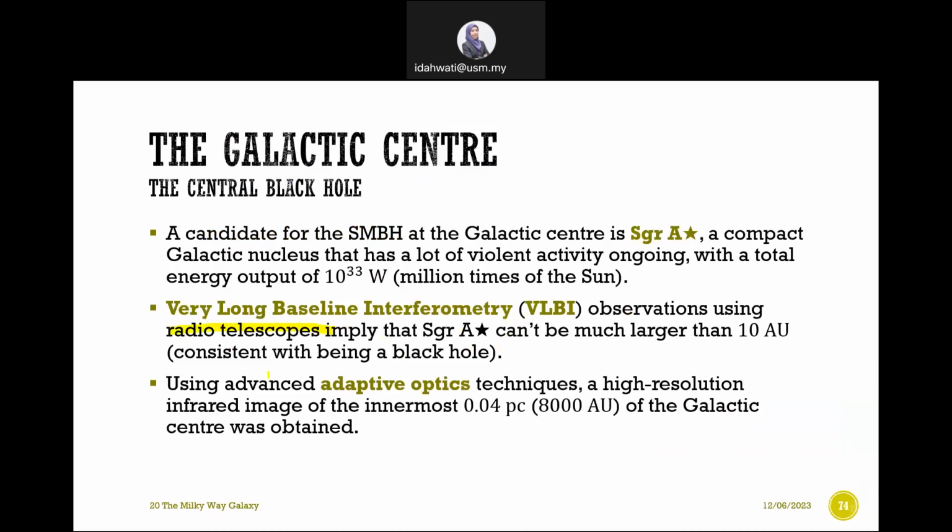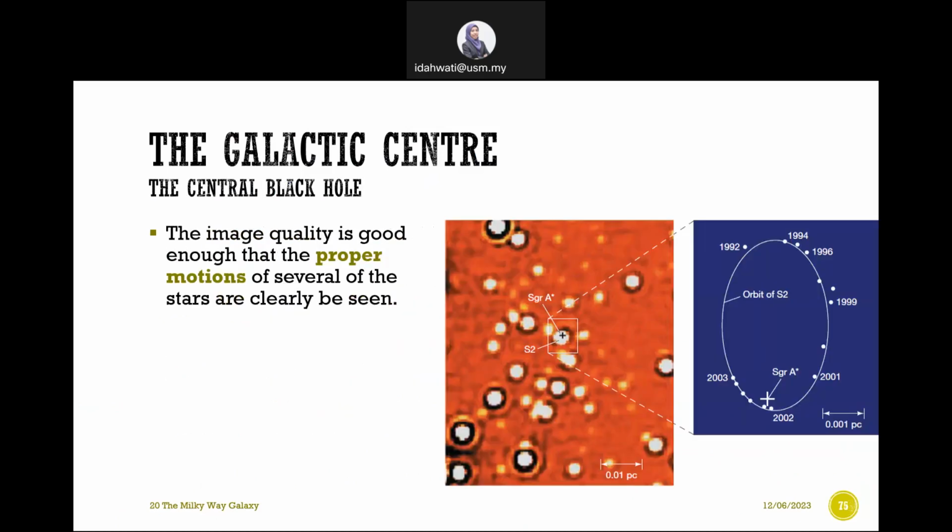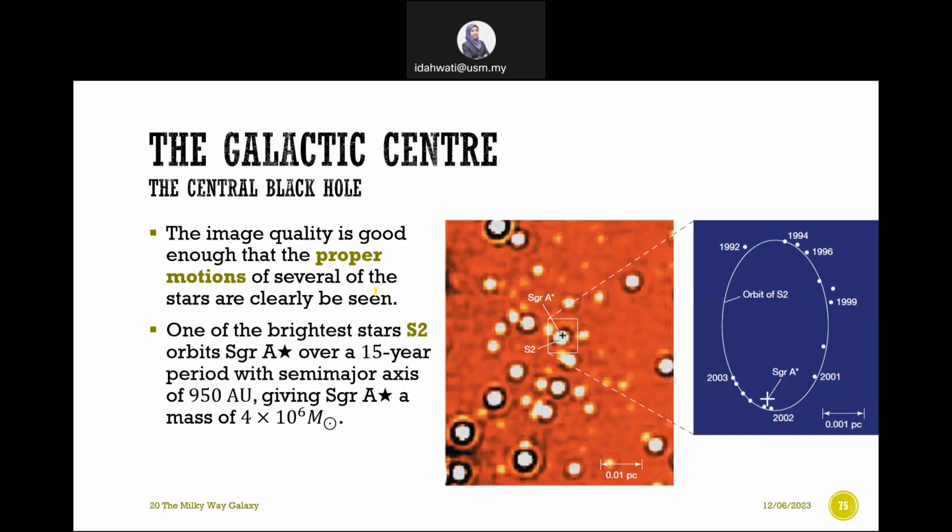Using advanced adaptive optics techniques, a high-resolution infrared image of the innermost galactic center was obtained. With the central black hole, the image quality is good enough that the proper motion of several stars is clearly seen.